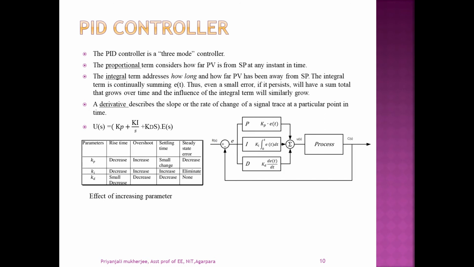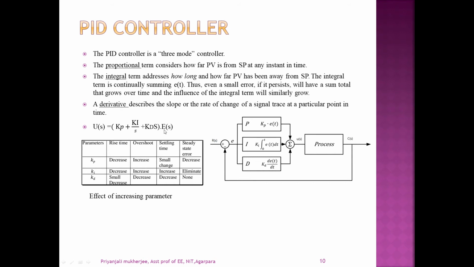That is the P mode. Now, the transfer function has all the three parts, that is Kp plus Ki by s plus Kd into s. And if we find U(s) by E(s), then it becomes Kp plus Kd s plus Ki by s.